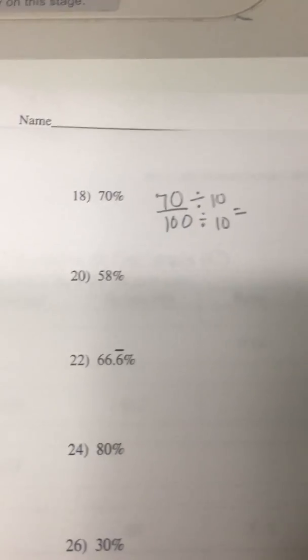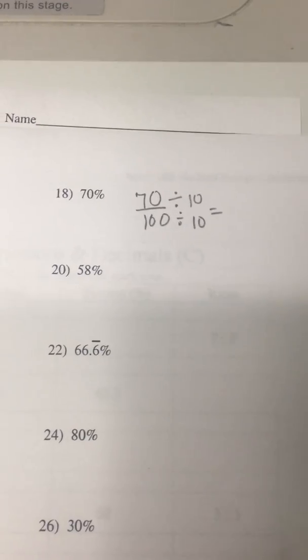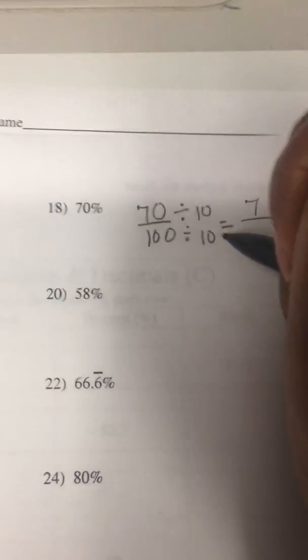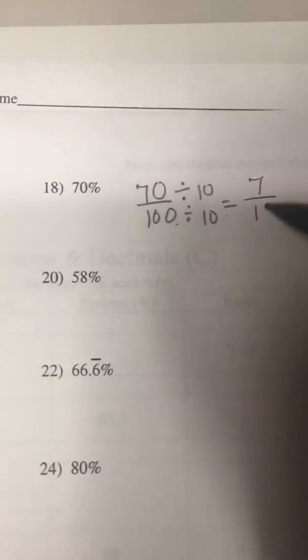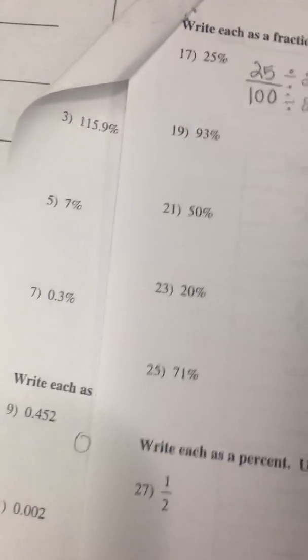In many books they say simplify the fraction. So we're going to think of a number that will go into 70 and 100, which of course needs to be the same exact number. 10 goes into 70 7 times. 10 goes into 100 10 times. So that number is 7 over 10, which is simplified.